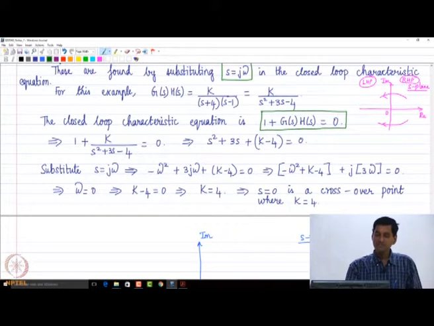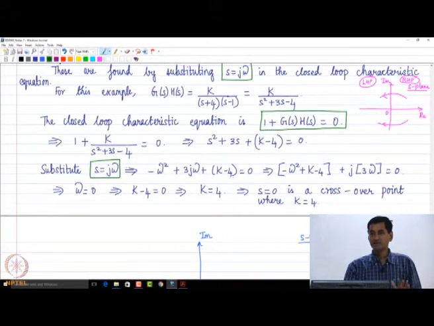Now, we substitute s equals j omega into this particular equation, right. Please remember that the roots of this closed loop characteristic equation are the closed loop poles, right. So, we are looking for closed loop poles which are purely imaginary. So, we essentially substitute sigma, the real part, to be 0.